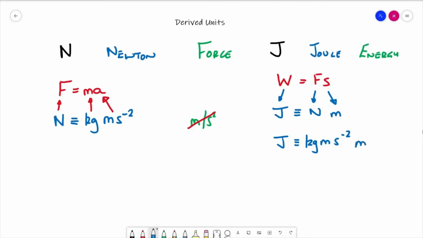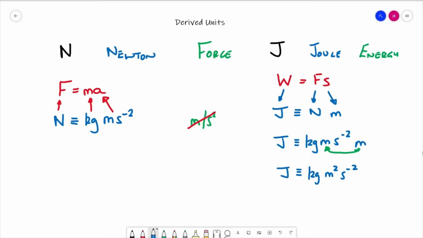And then obviously we need to multiply that by meters from the distance. Just to finally tidy it up, we have meters times meters, which makes meters squared. So finally we can say joule is equivalent to kilogram meters squared per second squared.